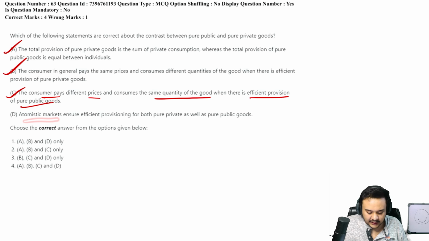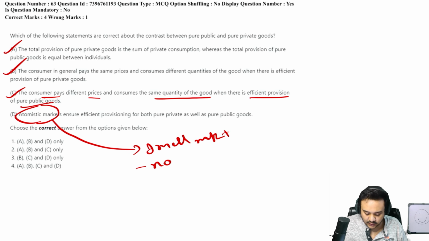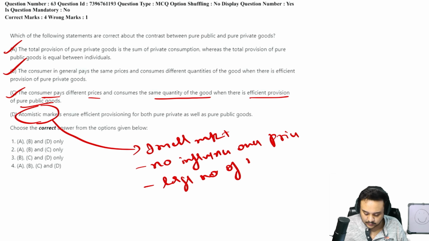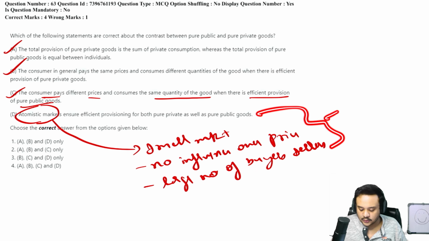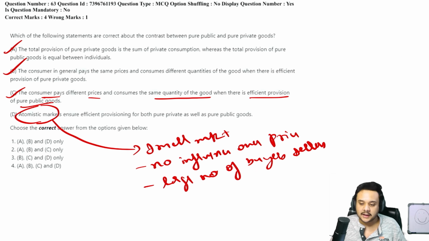Then atomistic markets ensure efficient provisioning for both private as well as pure public goods. Now what is this atomistic market? If we just try to understand this as a very small market that has no influence over price, and it has a large number of buyers and sellers, does this look to you something similar to a competitive firm or a competitive market?